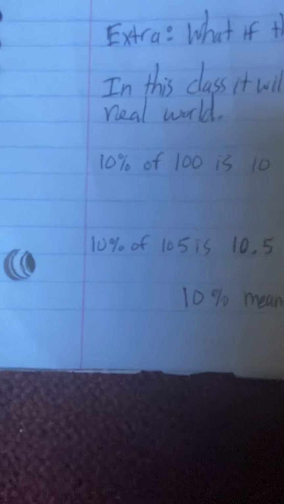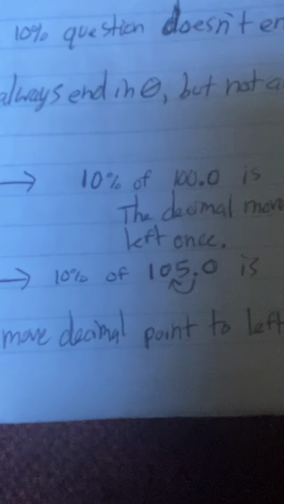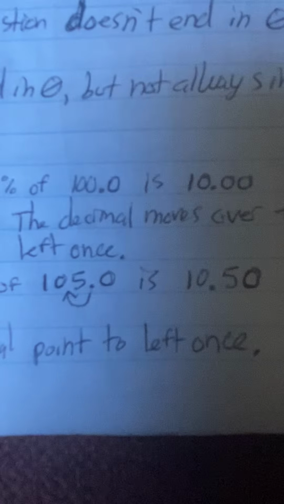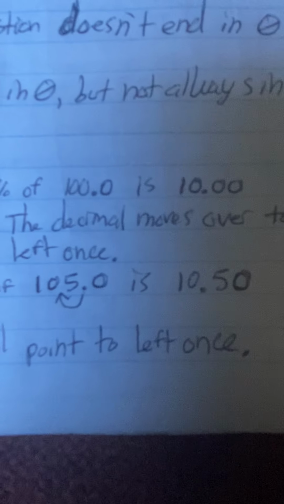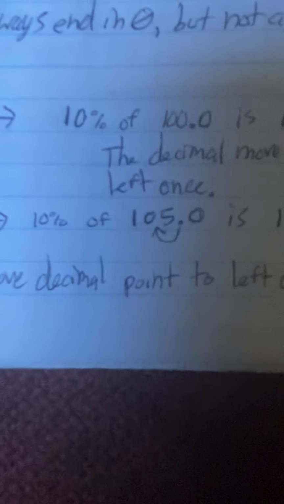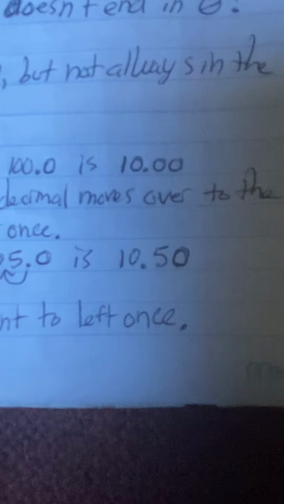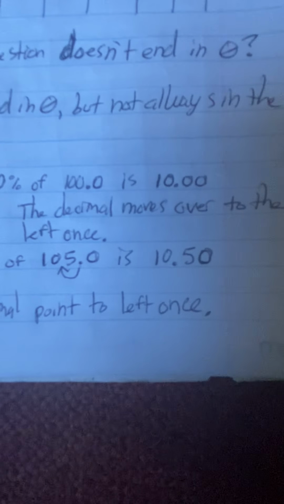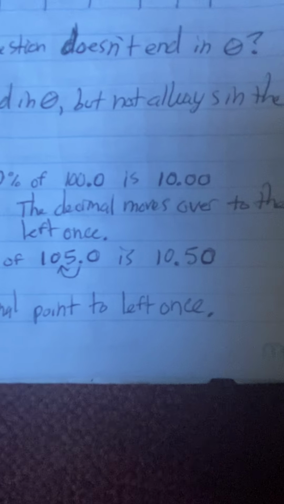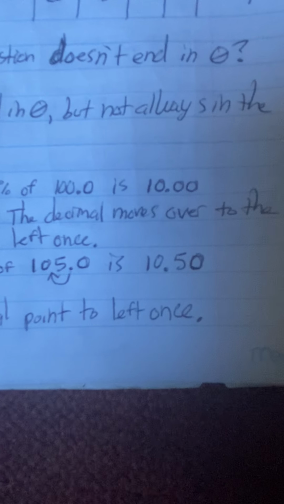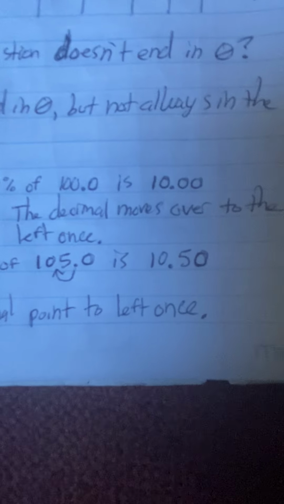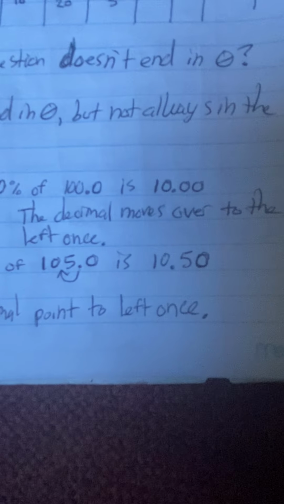So, for example, 10% of 100 is 10. 10% of 100.0 is 10.00, okay? So the decimal moves over to the left once, okay? So that's actually what we mean when we say we drop that last 0, because any zeros to the right of a decimal point can just be dropped. So 10.00 is really just 10.